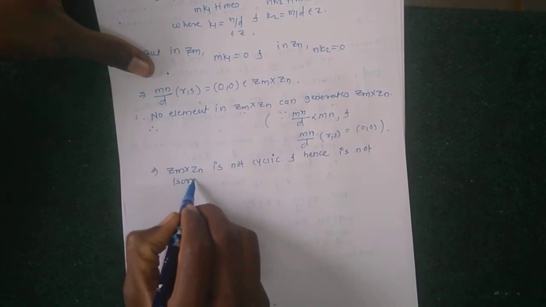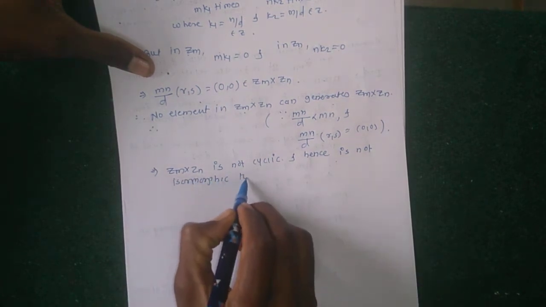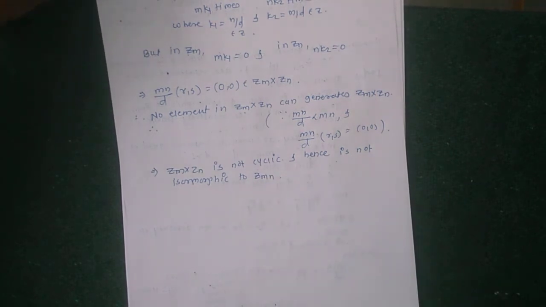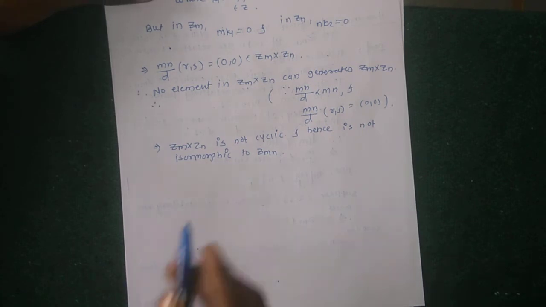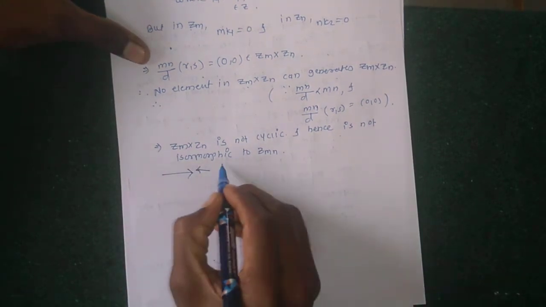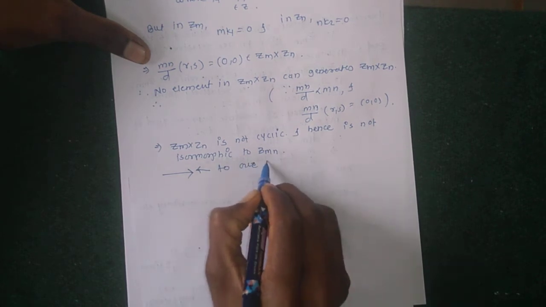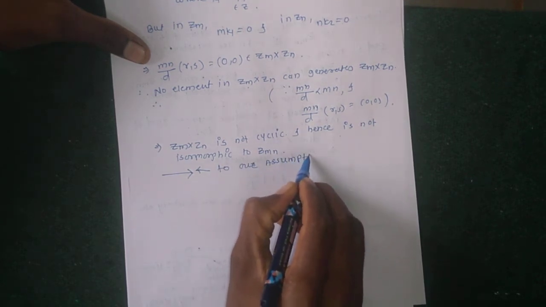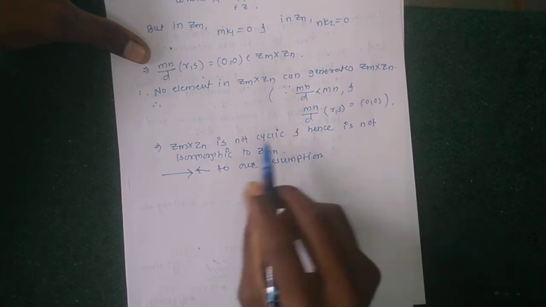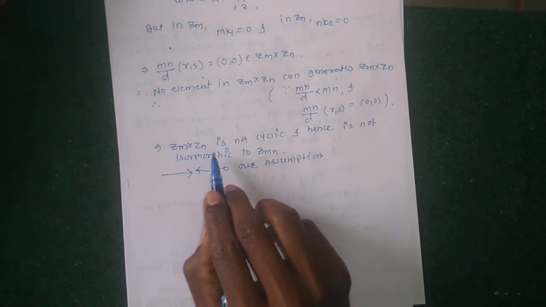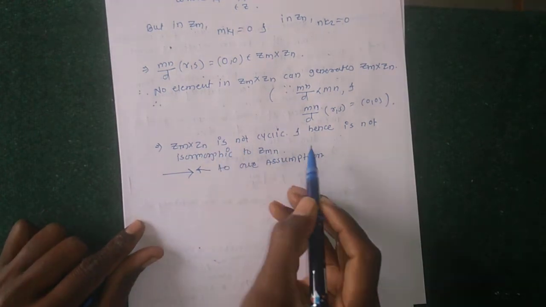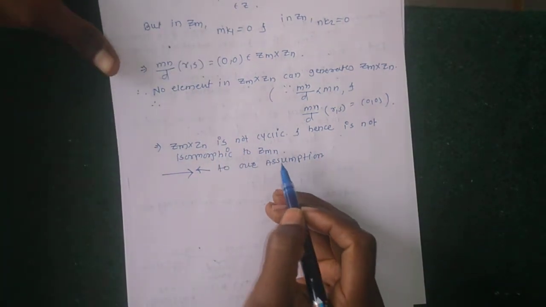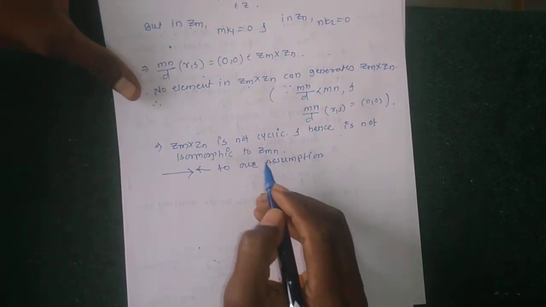Hence it is not isomorphic to Zmn, which is a contradiction to our assumption. Your assumption is that Zm cross Zn is cyclic and isomorphic to Zmn, but here we get that Zm cross Zn is not cyclic and not isomorphic to Zmn, and this is a contradiction to your assumption.